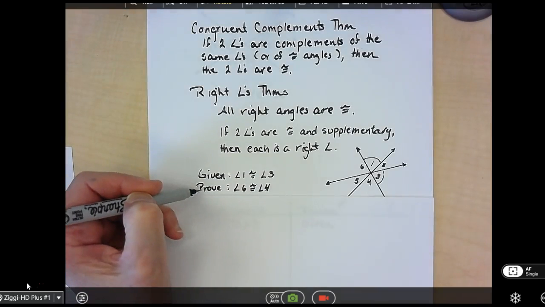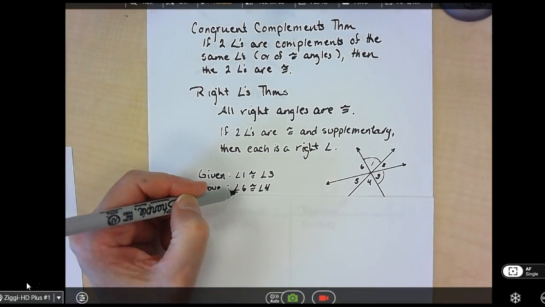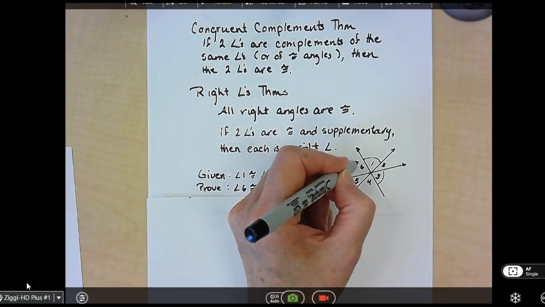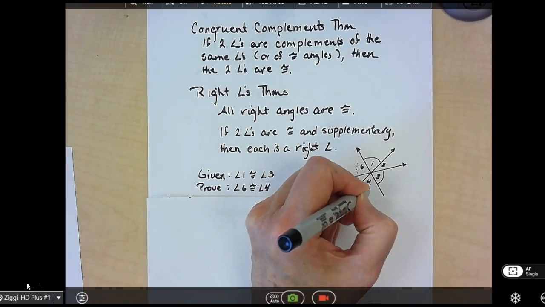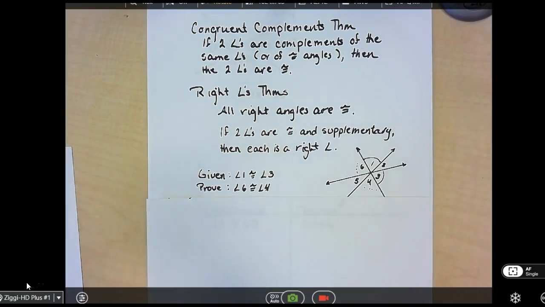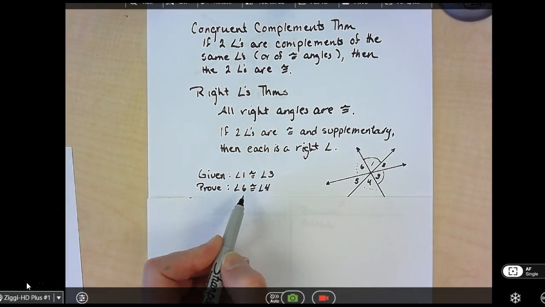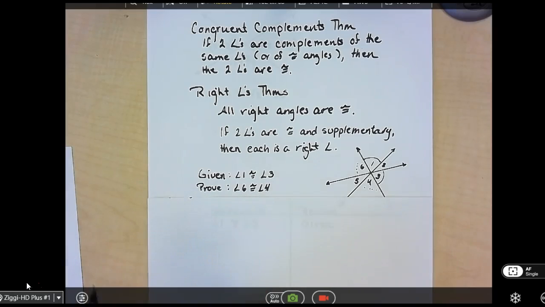What I'm asked to prove is that angle 6 is congruent to 4. So I'm talking about this angle here and this angle. So somehow I have to go from angle 1 congruent to angle 3 to get angle 6 in there and angle 4.